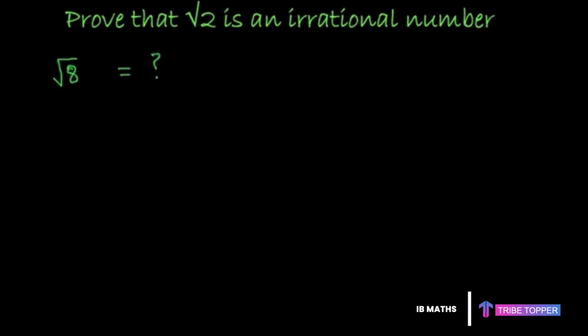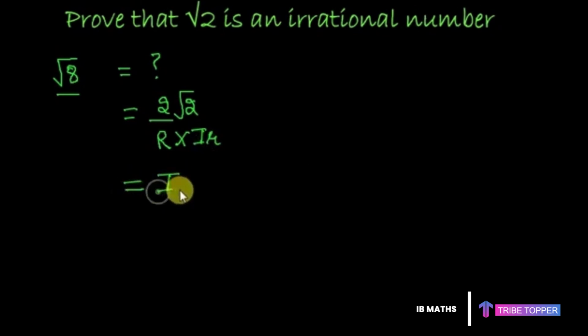And now since you know that square root 2 is not a rational number, I proceed to a question which asks, what about square root 8? Is it a rational or an irrational number? See, square root 8 can be written as 2 times square root 2. Of course, it's not a perfect square, and we are multiplying square root 2 with 2. Now 2 is a rational number, but a rational number multiplied with an irrational number would result in an irrational number.